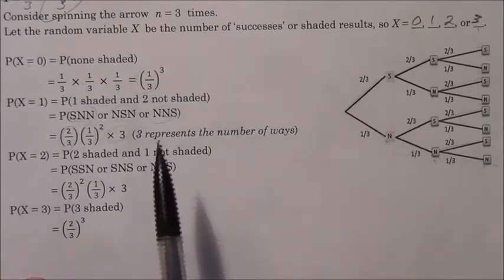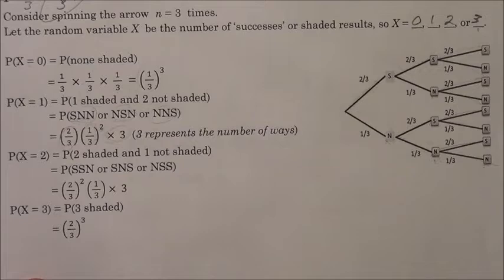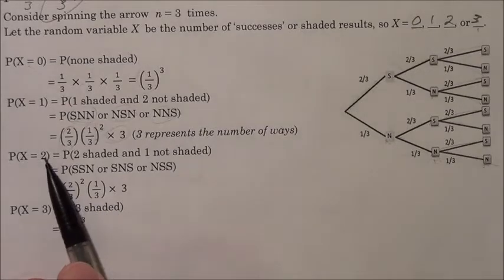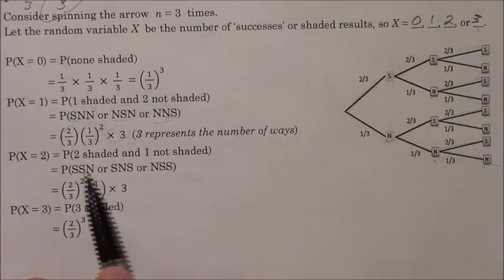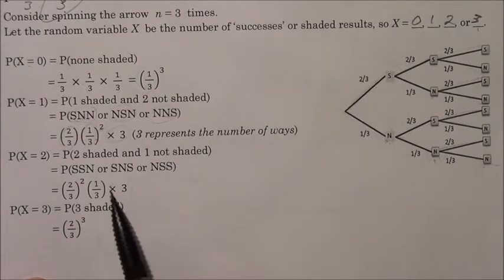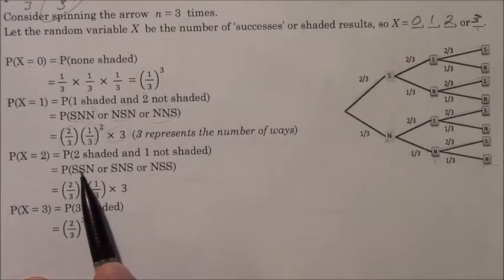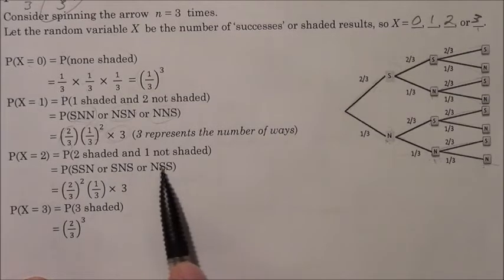And then we see, well, what's the probability that the spinner, the arrow, will land on the shaded section 2 times? Well, then we've got 3 different possibilities, 3 different orders, 3 different ways that'll happen. So that's why we're going to multiply this by 3. And we've got shaded, shaded, hence squared. Shaded and shaded is twice there and twice here.